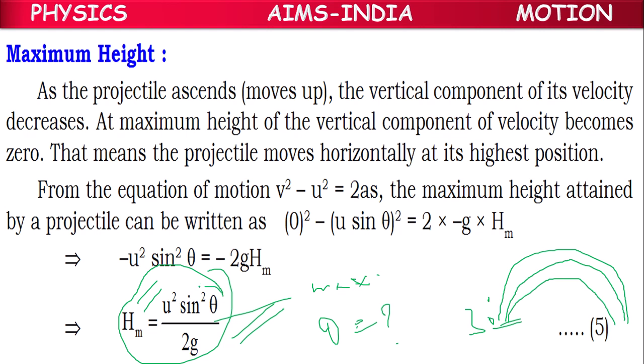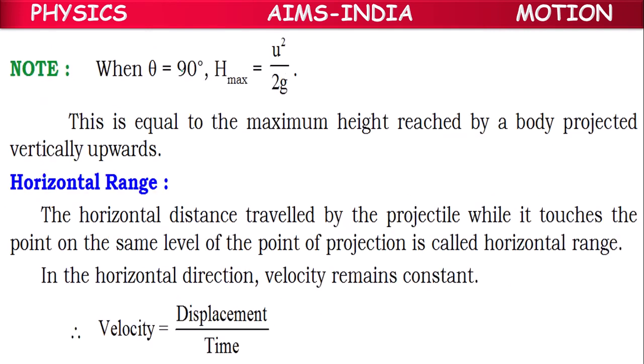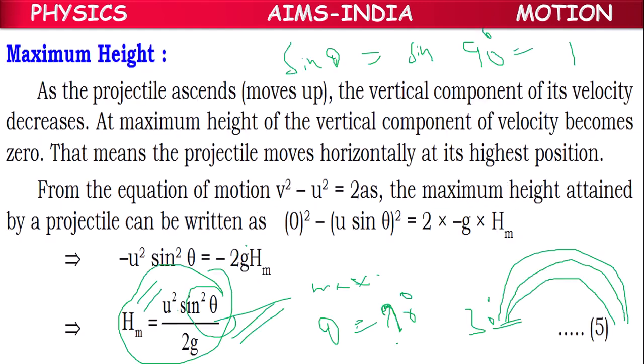Means in trigonometry, the sin theta will be maximum at sin 90 degrees, because sin 90 degrees value is 1, means when theta equals 90 degrees, so this maximum height, h max, will be u square by 2g, because sin theta value will become 1.